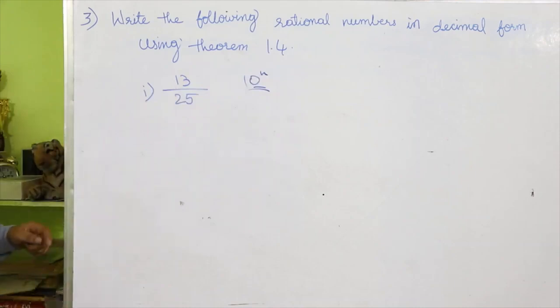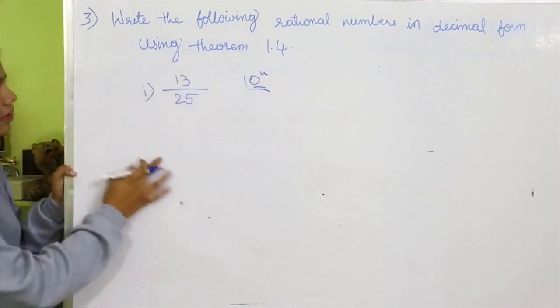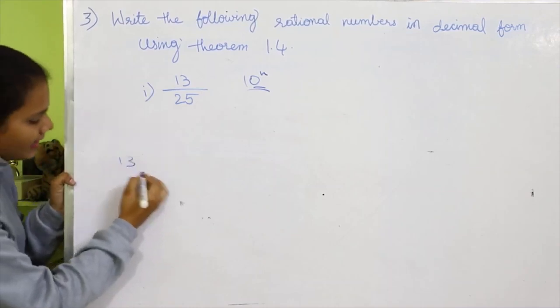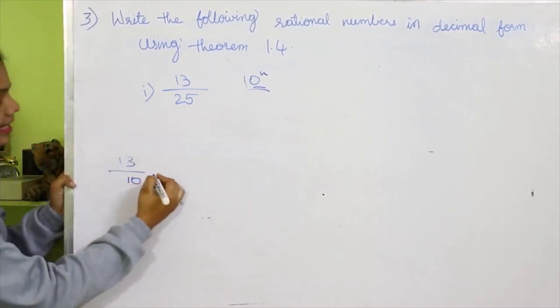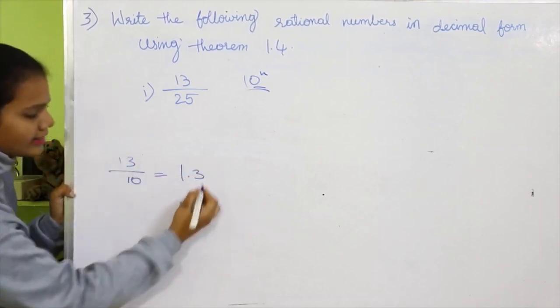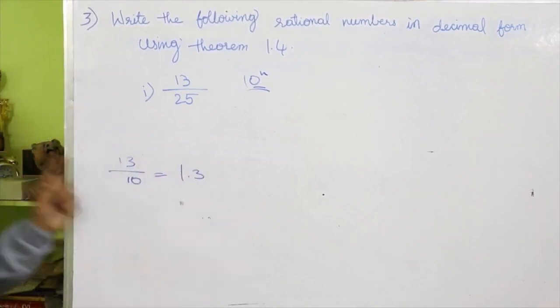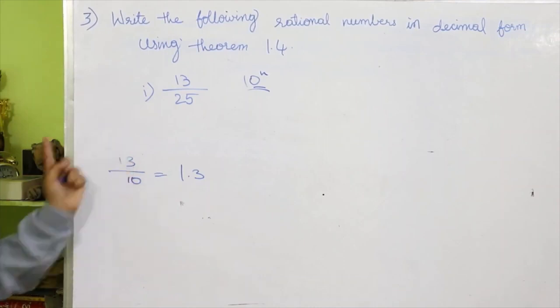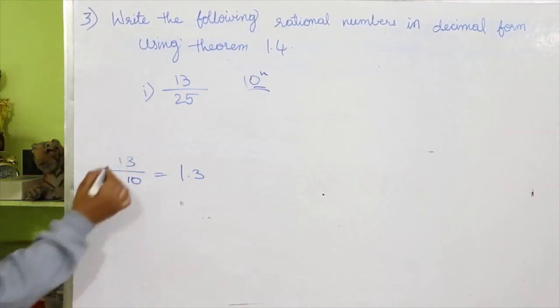Like here, if I have 13 by 10, then if I wanted to write this in decimal form, I can easily write this as 1.3, right? Here I have 10, so after one digit I would keep a decimal point.